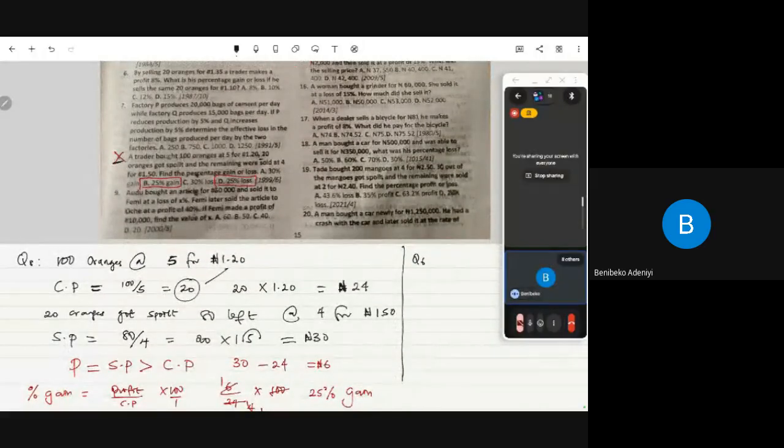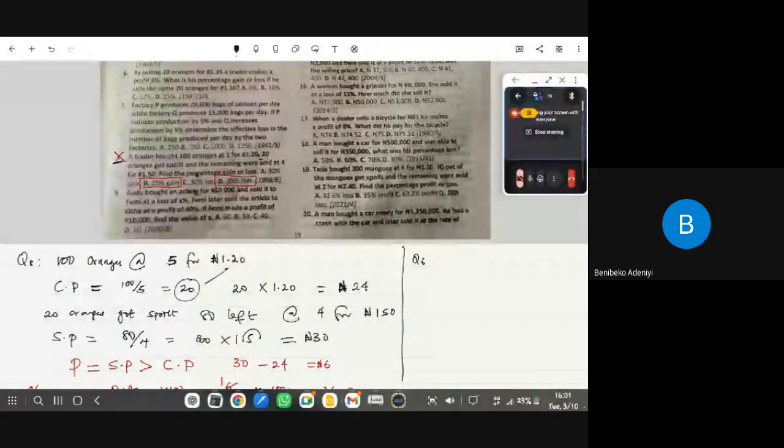It says by selling 20 oranges for this, a trader makes a profit of this. What is his percentage gain or loss if he sells the same 20 oranges for this? So in this case, he sold 20 oranges for 1.35.